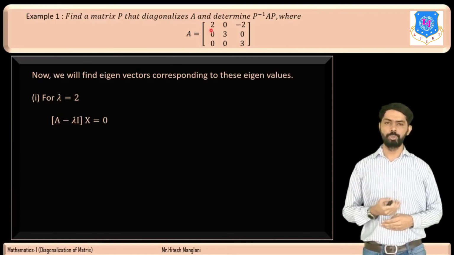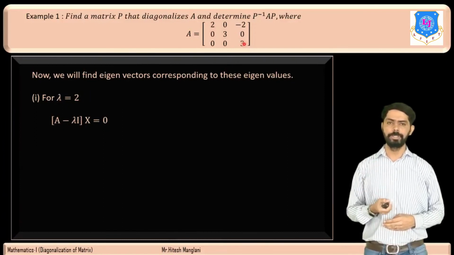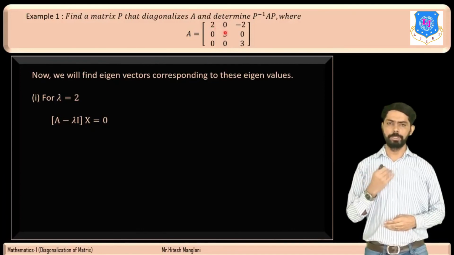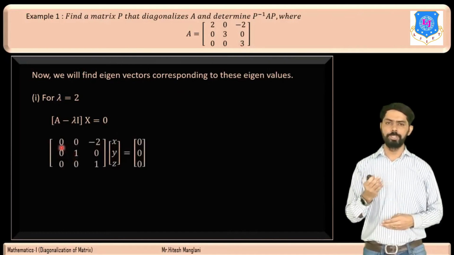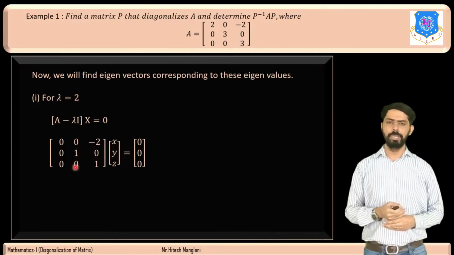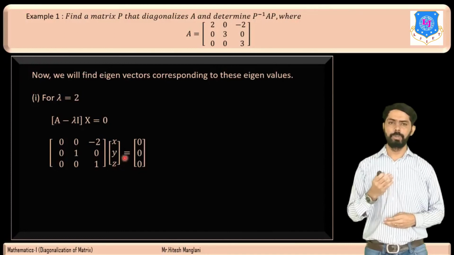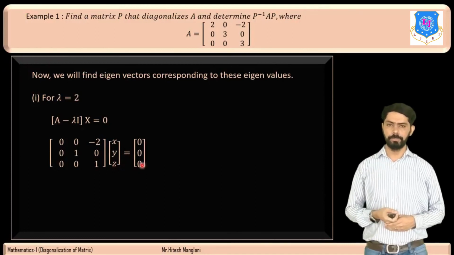Here lambda is 2, so 2 minus 2 is 0, 3 minus 2 is 1, and 3 minus 2 is 1. So the matrix will be [0, 0, -2; 0, 1, 0; 0, 0, 1], and X is (x, y, z) equal to (0, 0, 0).